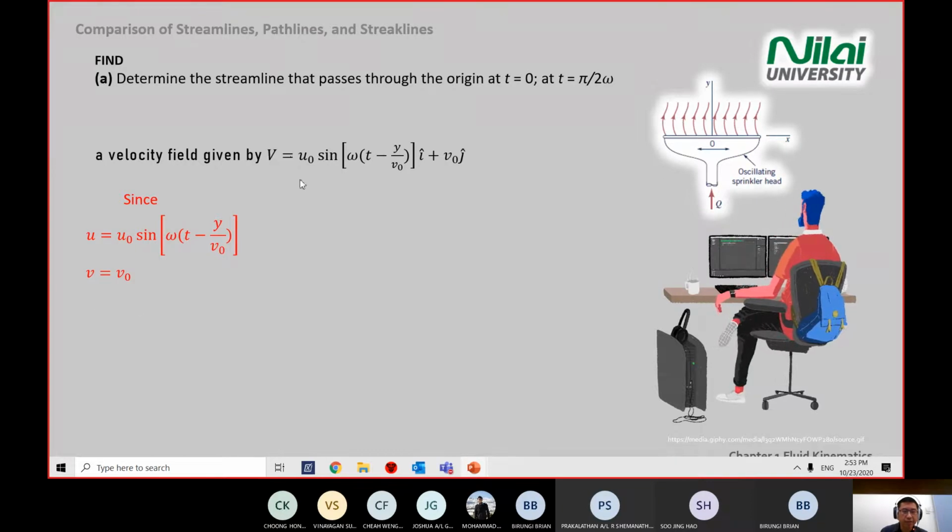In this case, you only have a 2-dimensional question. For a streamline, SOP, standard operating procedure, you always write this equation: dy over dx equal to v, velocity in the y direction, divided by u in the x direction. dy dx equal to v divided by u.